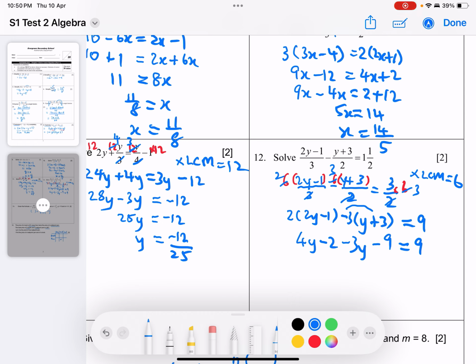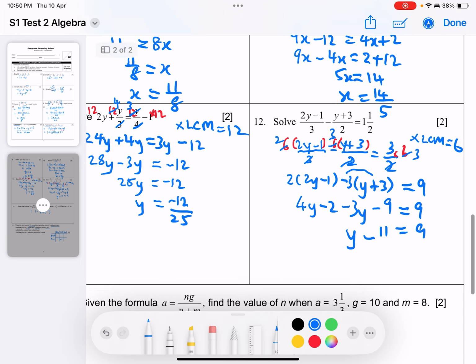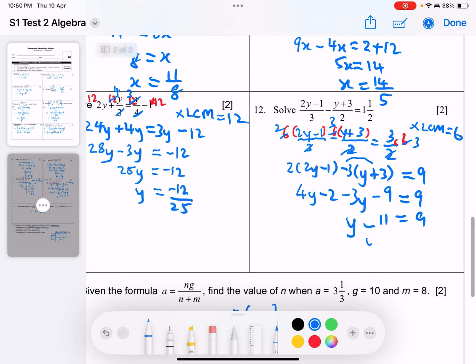Okay, so again, looking at the y terms, 4y minus 3y is y. And minus 2 minus 9 is minus 11. So now we want y, so we get rid of 11 by bring it over is plus. So 9 plus 11 is 20.